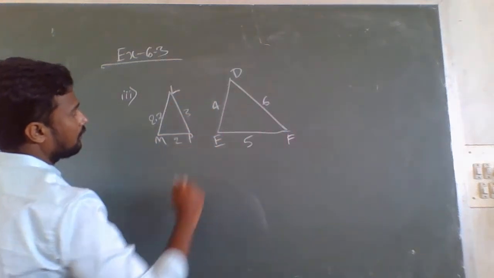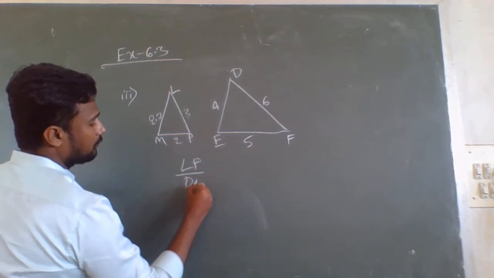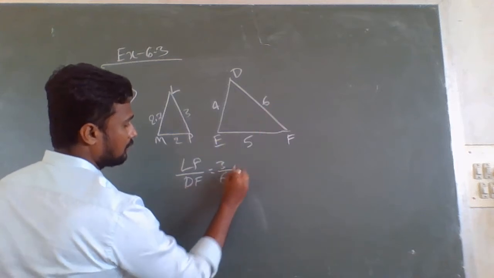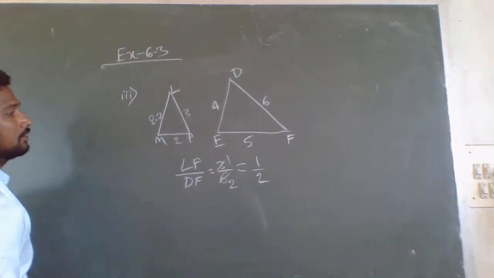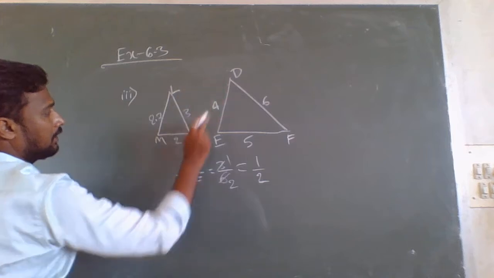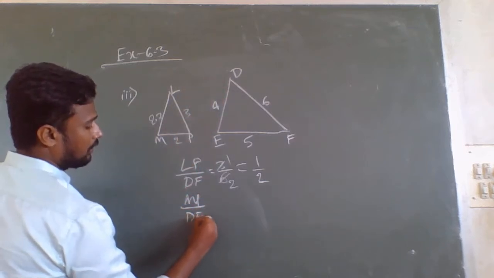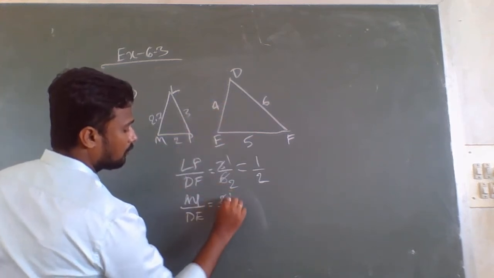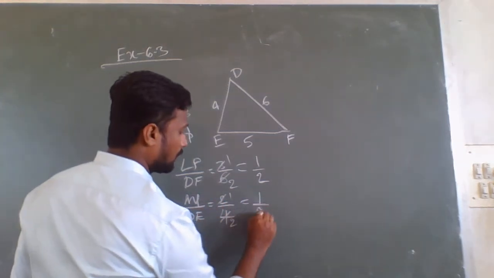Here it is 3 centimeter, here it is 6 centimeter. LP by DF is equal to 3 centimeter by 6, 3 by 6 means again we will get 1 by 2 here also. And next, MP is 2 centimeter and DE is 4 centimeter. MP by DE, 2 by 4 means 1 by 2 only.